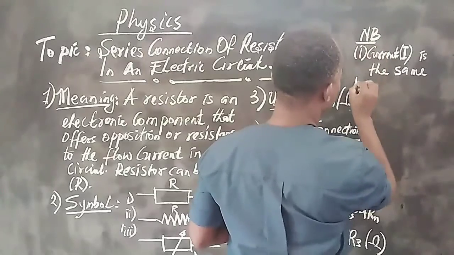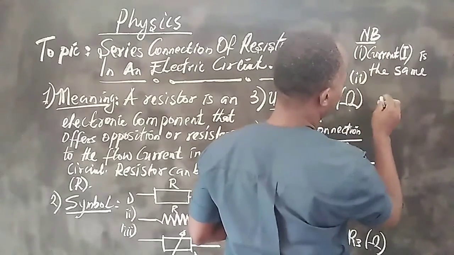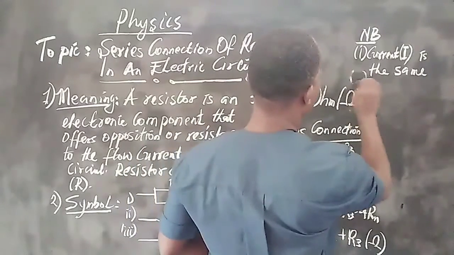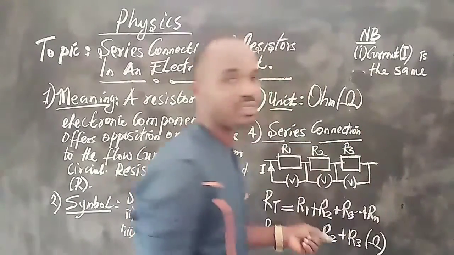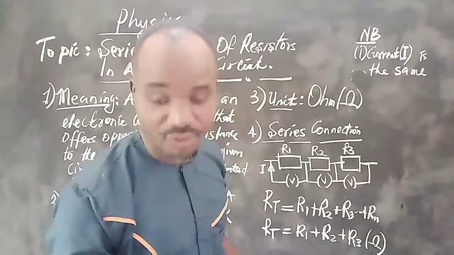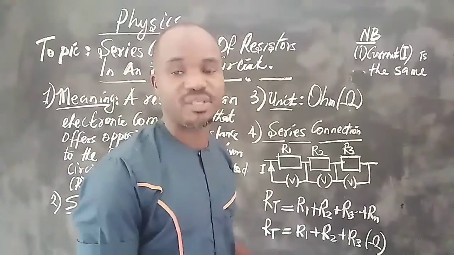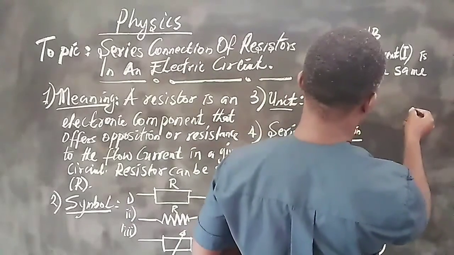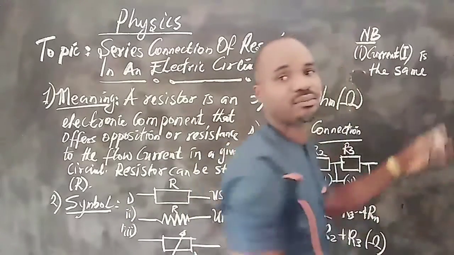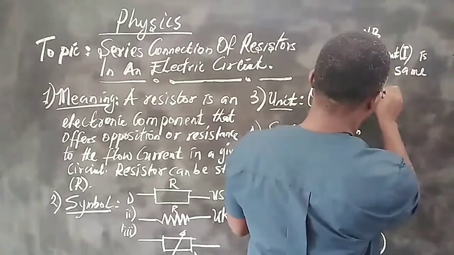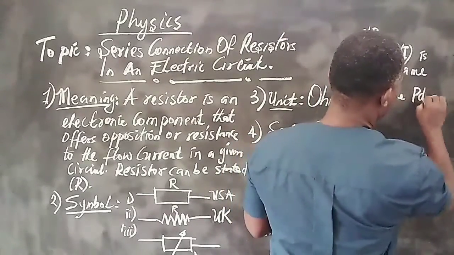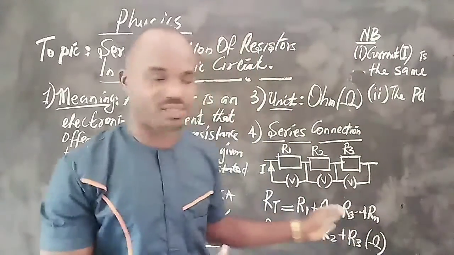The second one we need to consider is that the potential difference across each of these resistors is different. PD stands for potential difference.